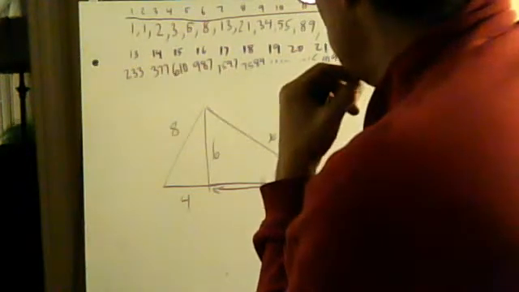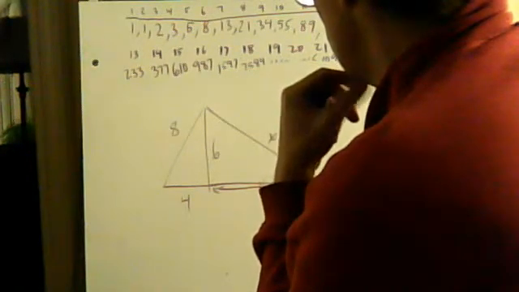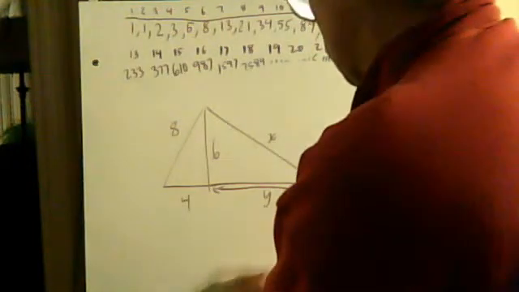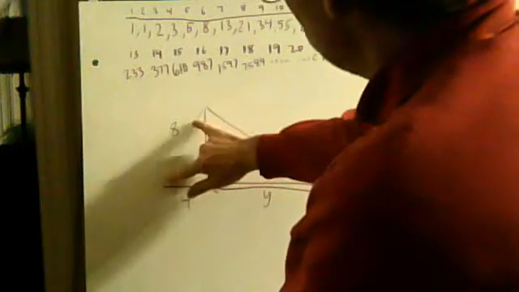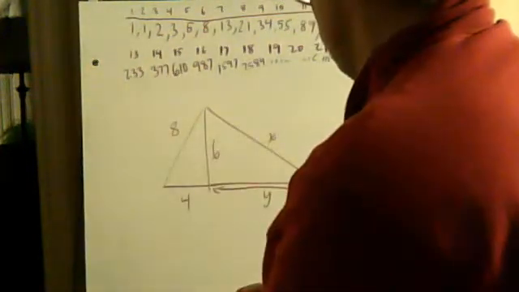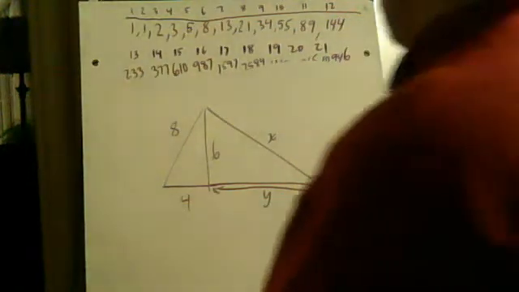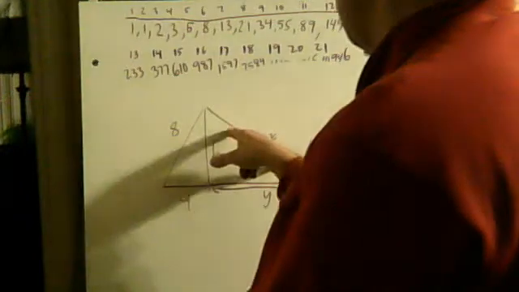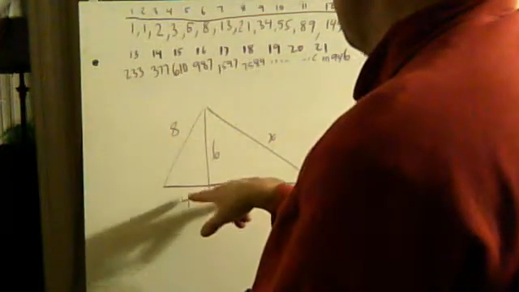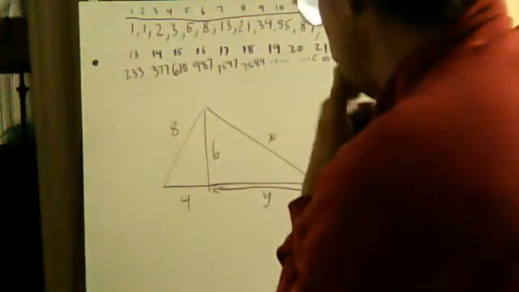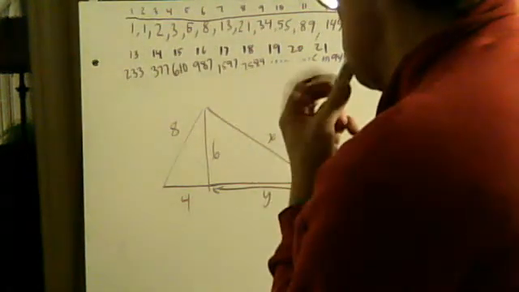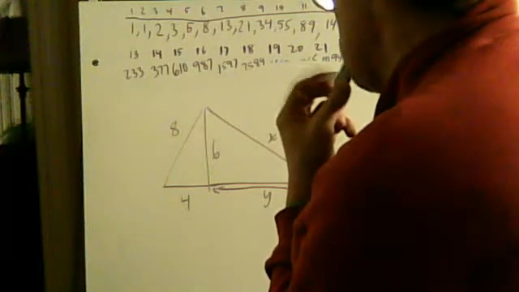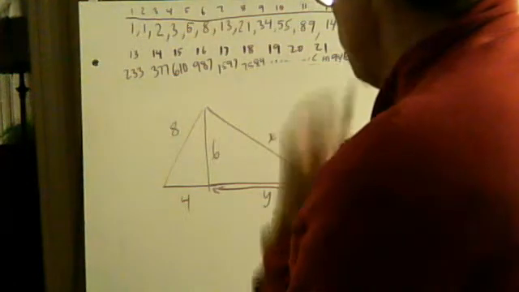Well, let's see, how's that going to work? If it's going to be similar, see, on this one, 8 is the longest side. Now, on this other one, I think this has to be the widest side, longest side, y plus 4. If that's really true.